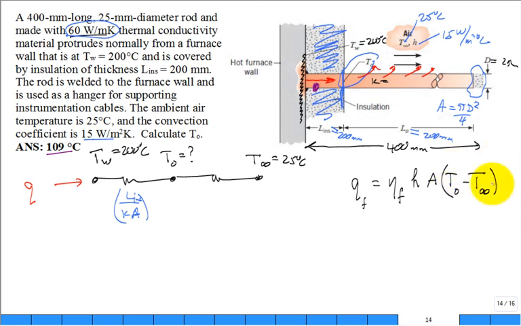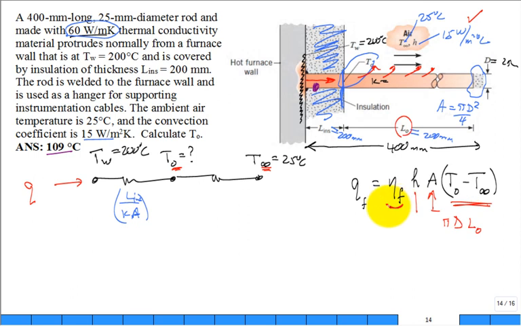Hey, this is the right delta T that's driving the flow. What is this H? The convection coefficient. What is this area here? A little tricky. Don't get messed up on area. Is that area pi d squared over 4? No. It's pi d L, isn't it? And this L is L naught.